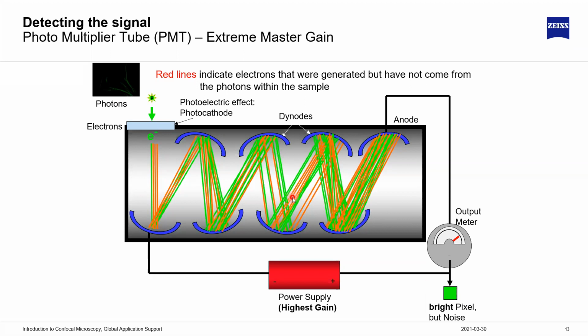So I mentioned in the beginning, there are different types of detectors, and it all depends basically on this first step of translation of photons into electrons. This translation is never 100%, but you can have different detectors that are able to translate photons into electrons with a different efficiency.